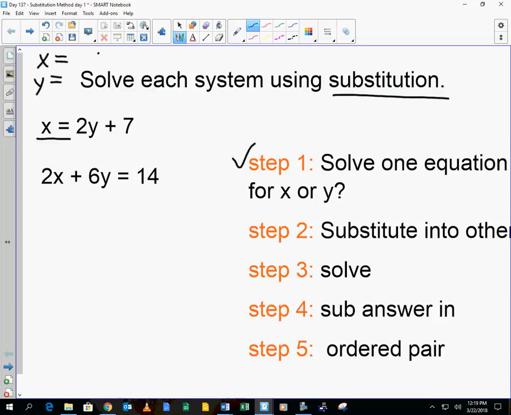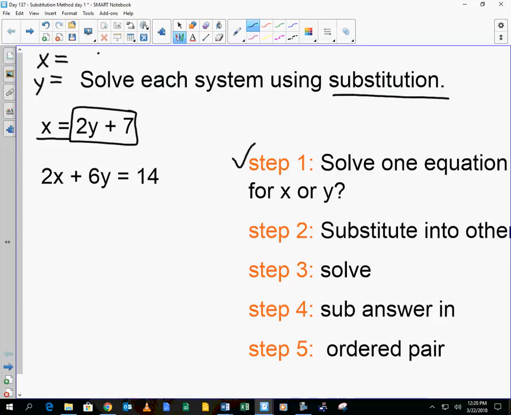Now what we're going to do is substitute into the other one. I know that x is equal to this, so I could take this and place it. Do you think I put it where the x is or where the y is? Think about it. This says x is this.